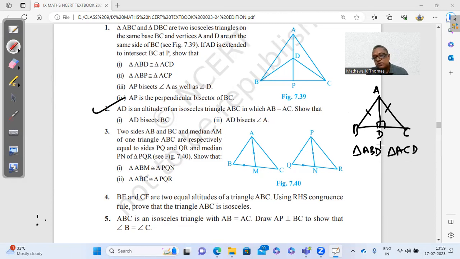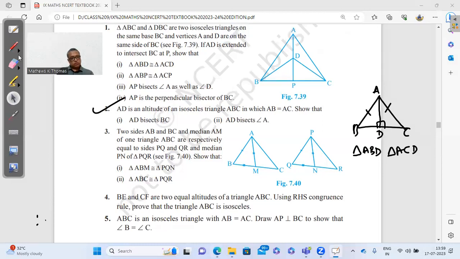If you look at ABD and ACD, what are the conditions by which we can prove the triangles congruent? Already it is given isosceles, so AB equals AC, given. And it is given altitude, so angle ADB is equal to angle ADC, 90 degrees.